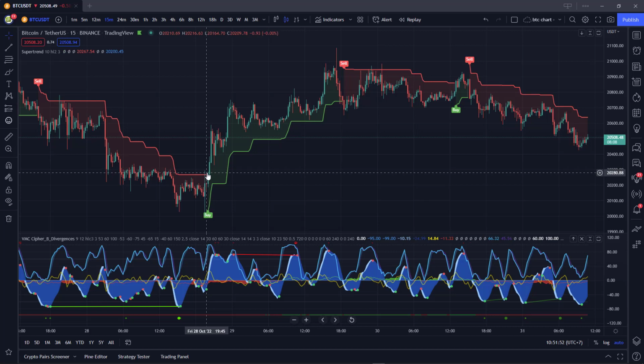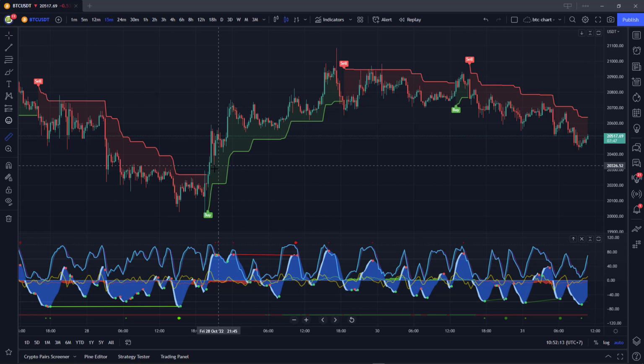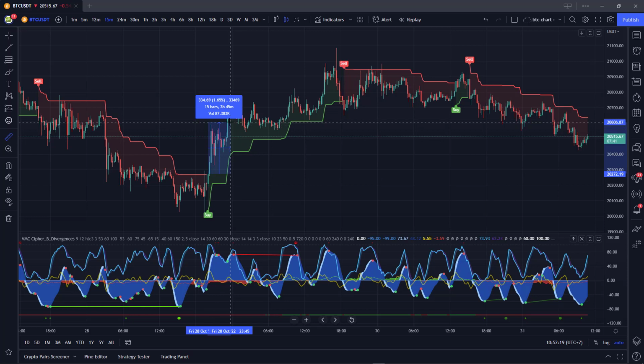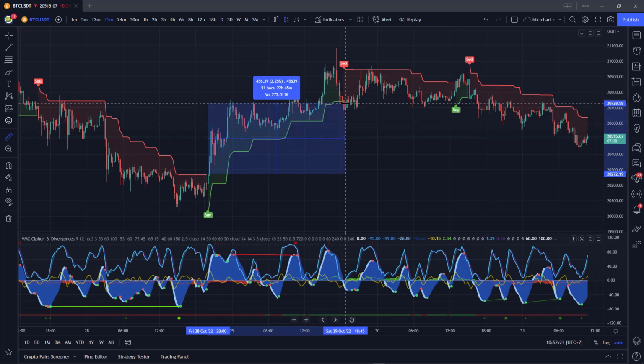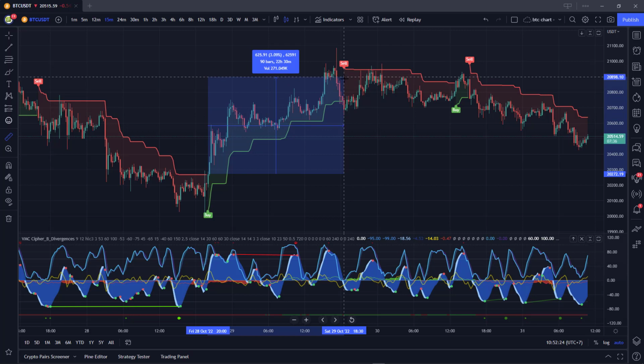However, this Supertrend indicator, once the price gets up above this red line on the downtrend on the 15-minute, gives off a signal just about here, and then if we measure from about there up to the next sell signal here, that would be printed as soon as the price gets just below the uptrend line there.